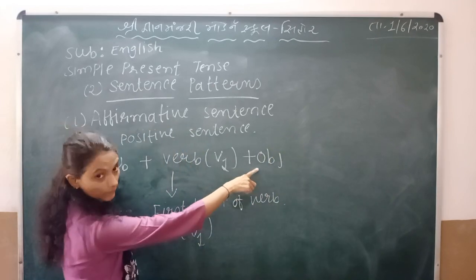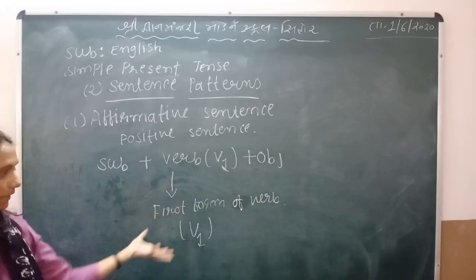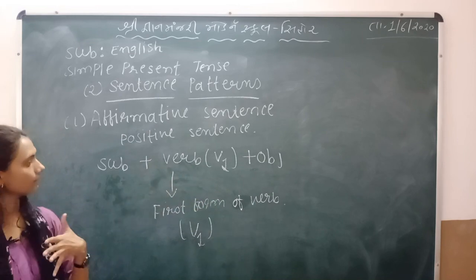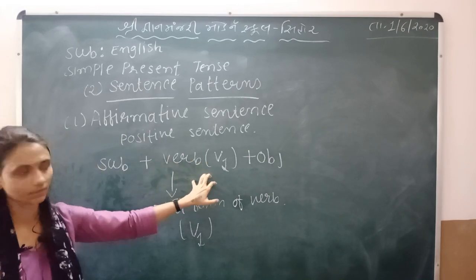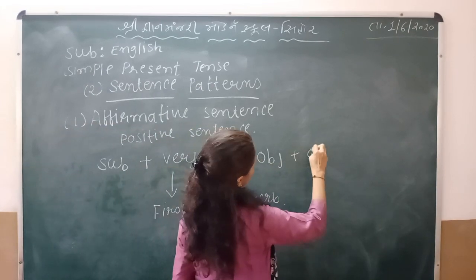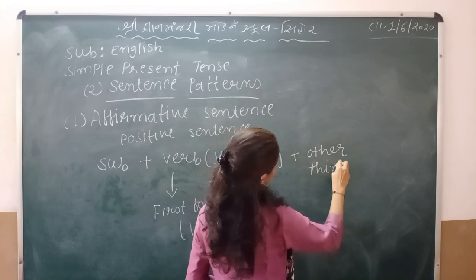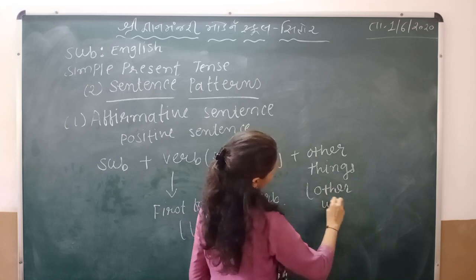These two are the pillars of the sentence to make it meaningful. Without these two, you can't make a meaningful sentence. So you must need subject, after that verb, after that object, and the last thing is other things, or you can say other words.